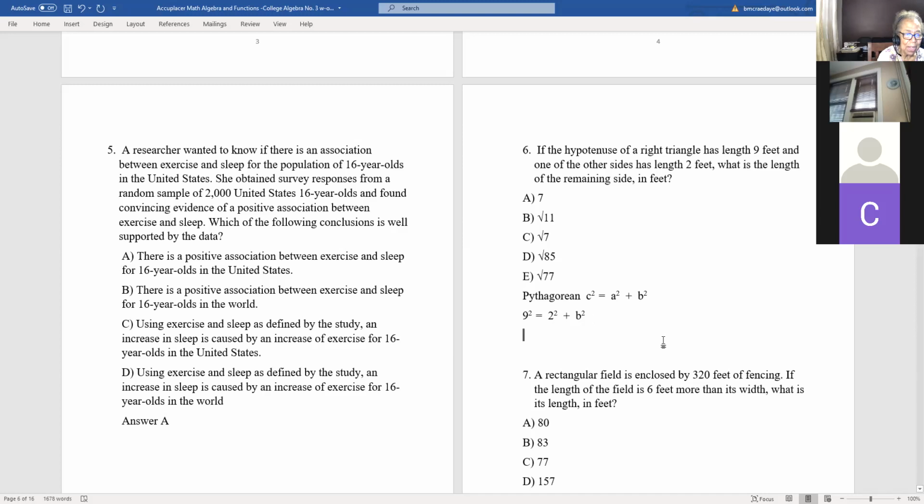What's 9 squared equal to? 81. Okay. So what we're doing is just squaring. What's 2 squared? 4. And that's plus. And let's just write out B squared here.